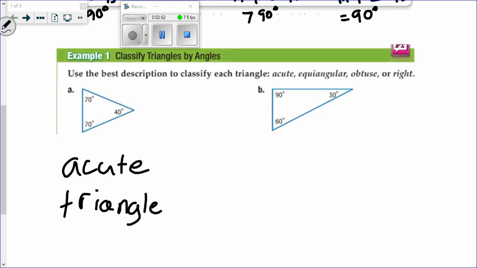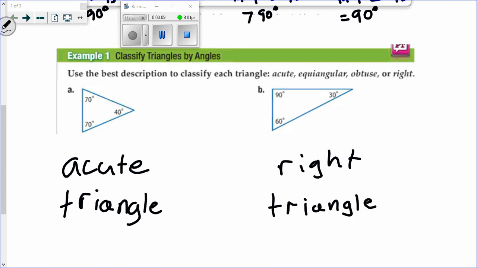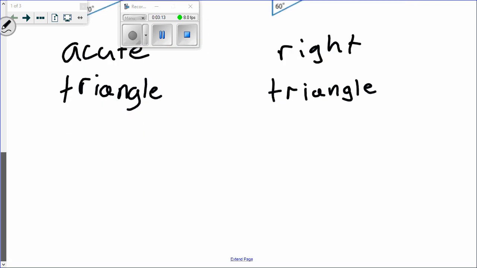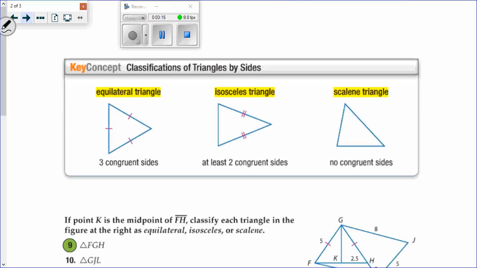All 3 angles are acute, all 3 angles less than 90. Over here, triangle B, I see one 90-degree angle, I see one right angle. So this is a right triangle. And continuing here, on to the next page.